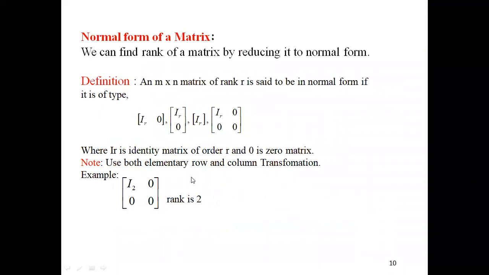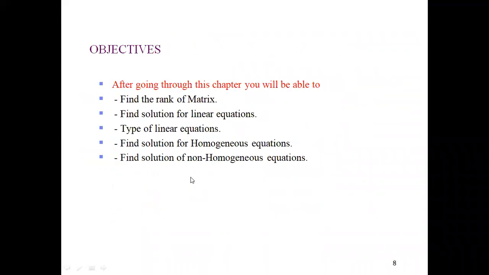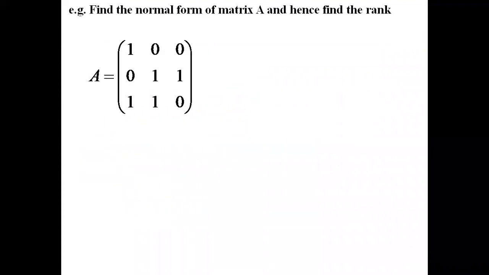Okay, what is next? Now we have normal form. I'm not going to start with the normal form right now. I'm going to give some examples. Find the rank using row echelon form, not normal form. Let's find out the rank using row echelon form.